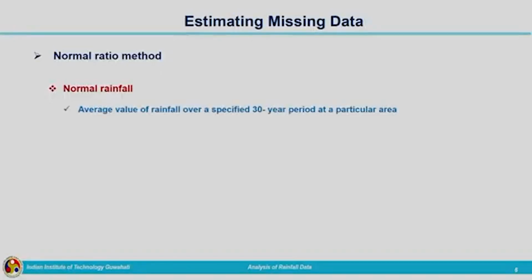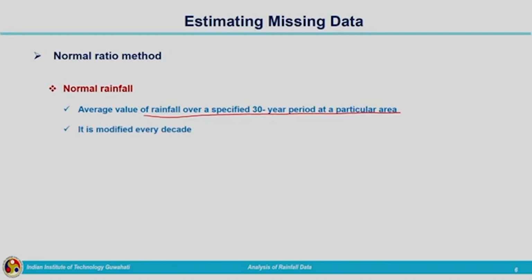Normal rainfall is the average value of rainfall over a specified 30-year period at a particular station. That is, normal rainfall is calculated from 30 years of data. We collect 30 years of data, and that is averaged to get the normal rainfall at that particular rain gauge station.